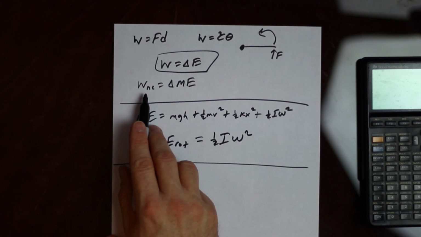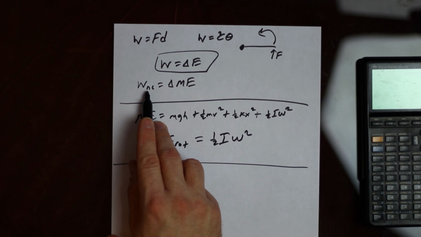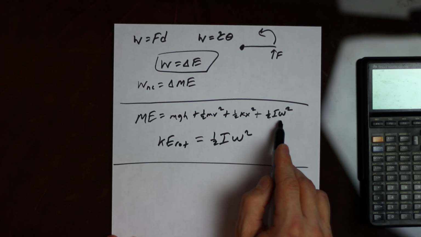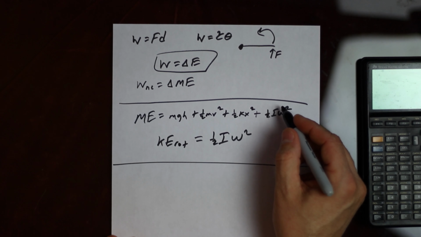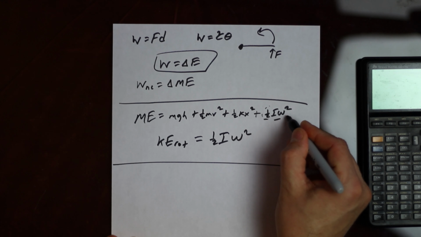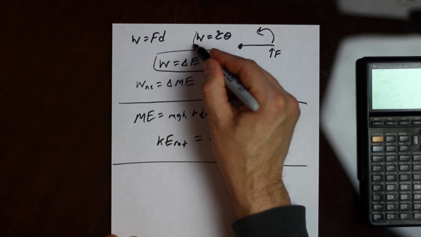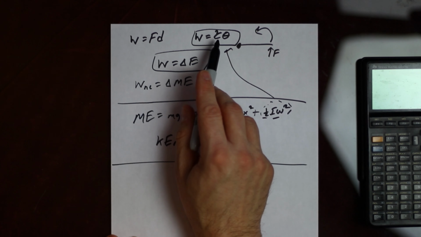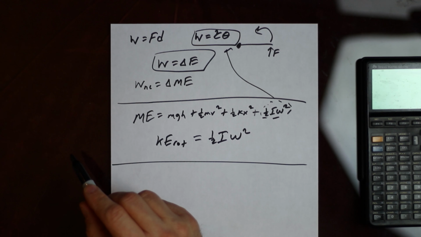So now you can think about work done by non-conservative forces causing a change in ME, but ME has now got a little bit more going on. If we specifically want to know whether this is changing, we do need to think about this equation up here to determine how much change in rotational kinetic energy we're going to get out of something.